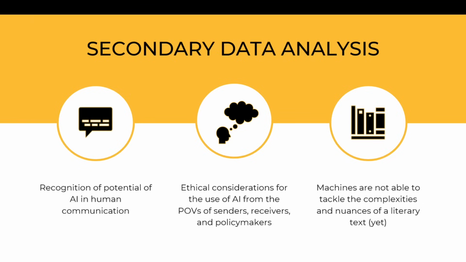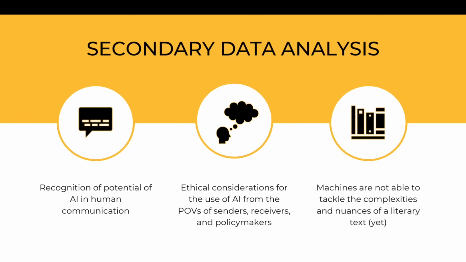As we analyzed those data, we came to a few key points, which are recognition of the potential of AI in human communication in terms of multilingual human communication between human and human, as well as ethical considerations for the use of AI from the point of view of senders, receivers, and policymakers. Here we could see that depending on what position of view you have, you had to consider different ethical points.